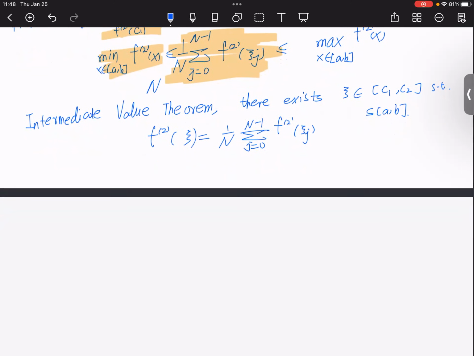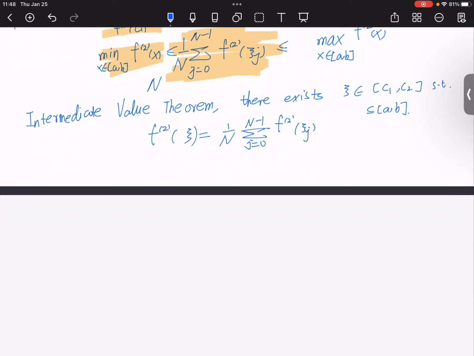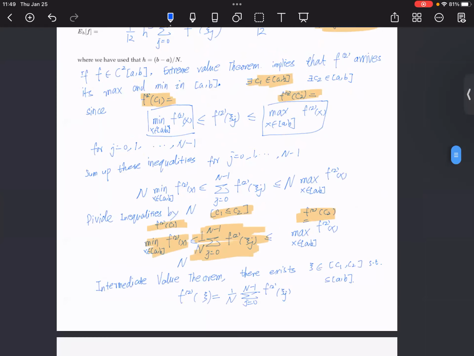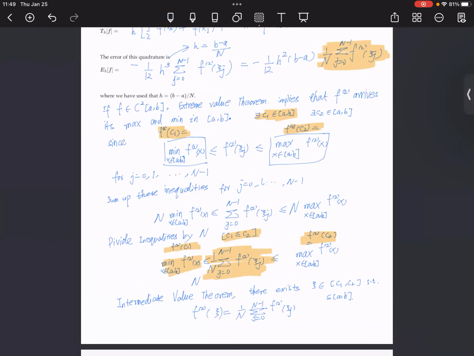In this way, we are using the extreme value theorem and the intermediate value theorem. We had several CJ there, but now we only have one C, and this C is inside the interval A and B. Now we can rewrite the error term.